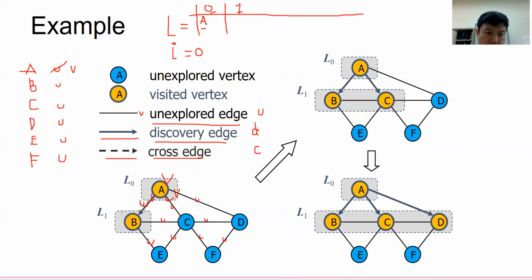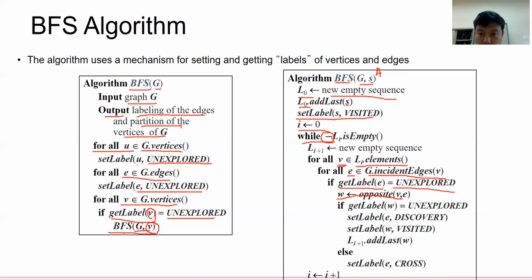So the opposite is B. And for B, I would like to check. B is unexplored, right? Because B is unexplored, then set the label E as discovery, and then set the label W as visited.